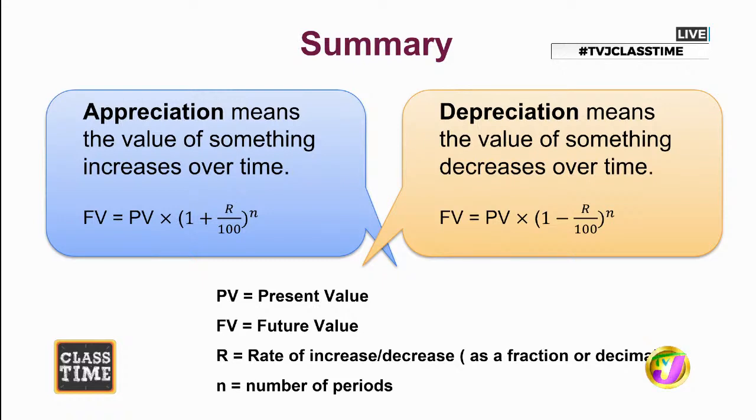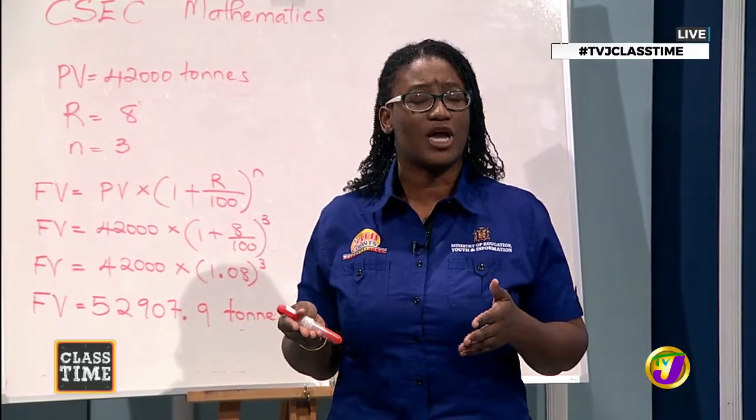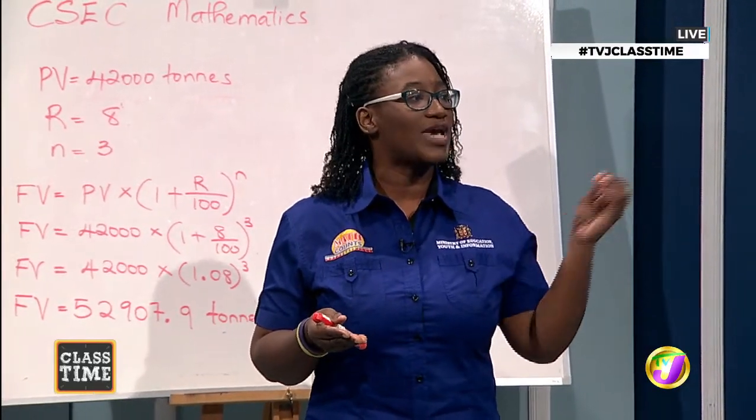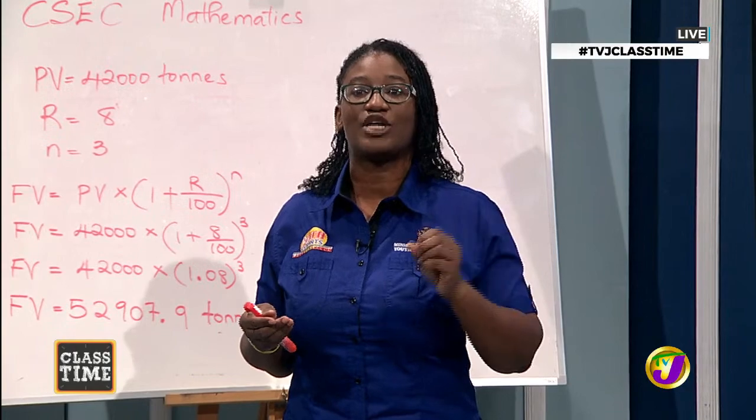And when we talk about appreciation, tell them for us, Karima. All right, so to get the future value, it's the present value multiplied by 1, added to R, which is divided by 100, and that's raised to the power of N. And as Latoya said, the formulas are pretty similar. So for depreciation, where we had addition, we actually use instead a subtraction to show the loss of value.